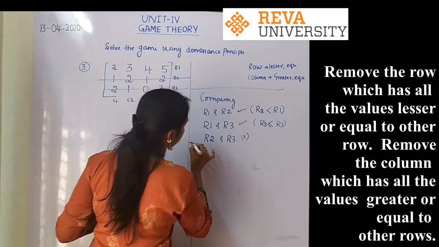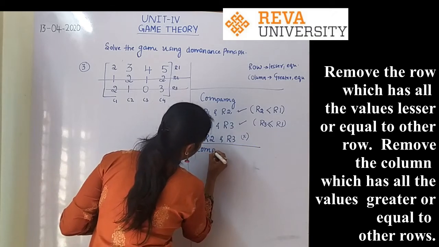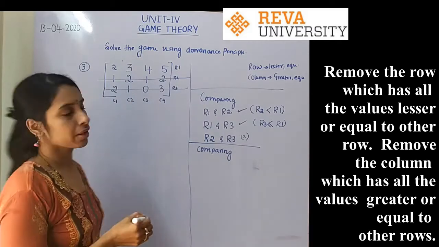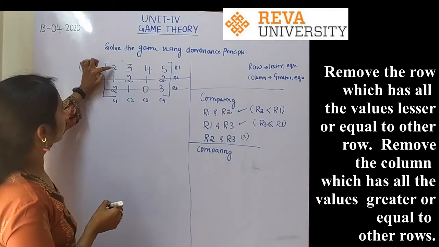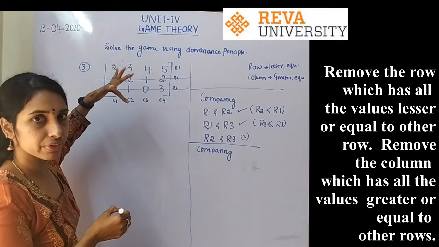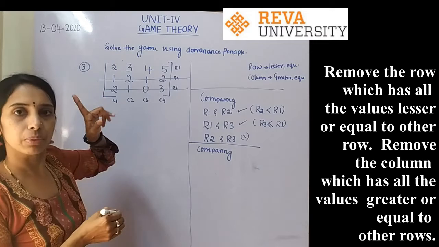Now, what is remaining here? You have to start comparing columns. See, only this row is pending. So I cannot compare further for the row comparison because I have only one row.